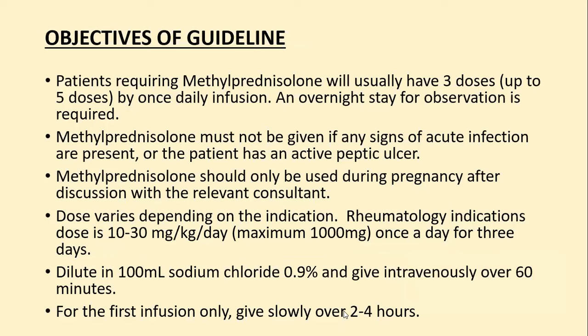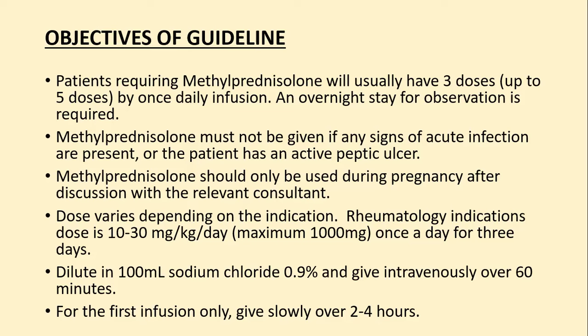Objectives and guidelines. A patient requiring methylprednisolone will have 3 doses or 5 doses, once daily infusion, and an overnight stay for observation is required. Methylprednisolone must not be given if there is any sign of acute infection or if the patient is suffering from active peptic ulcer. It should not be given during pregnancy, and only after discussion with a gynecologist.